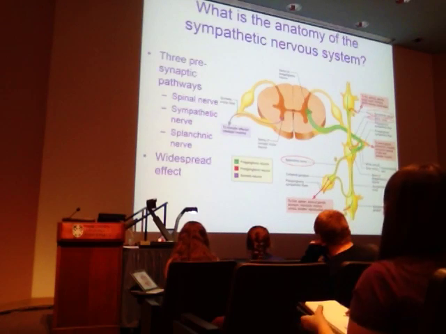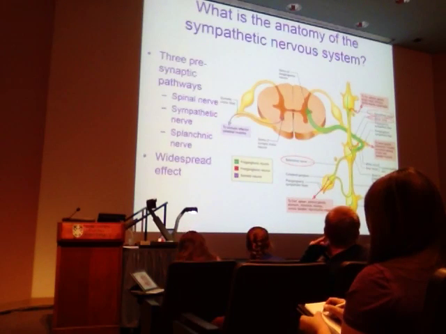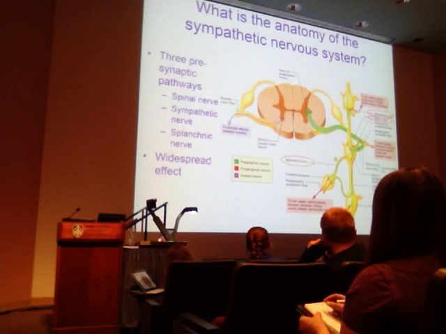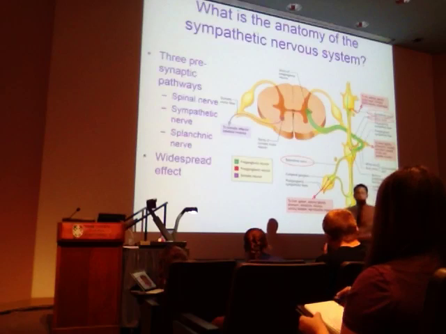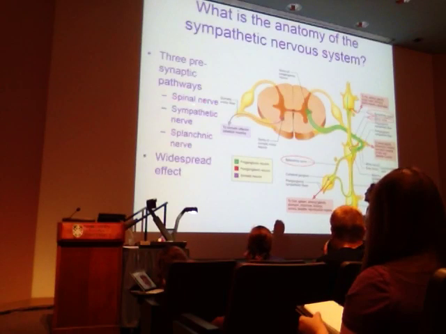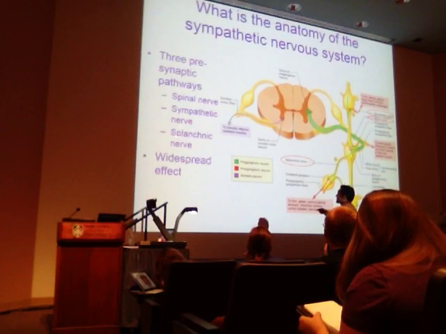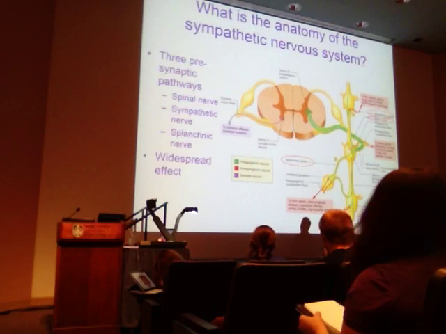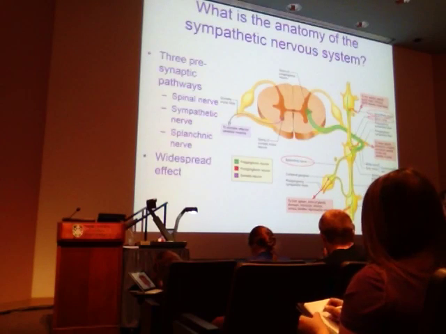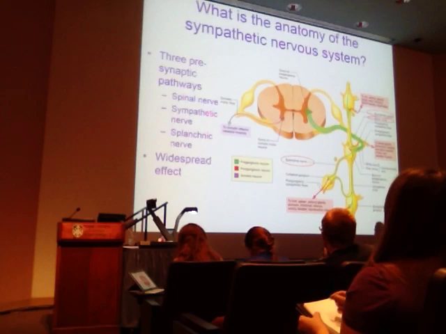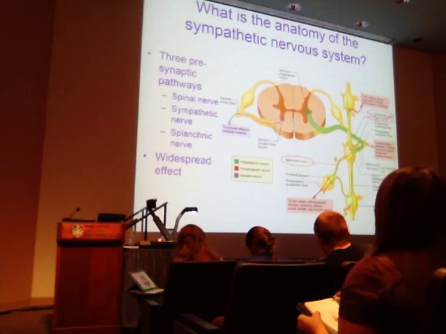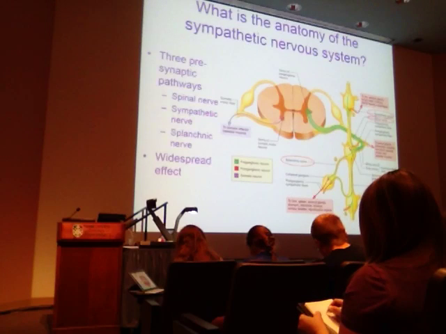And we've got these nice organized patterns that highlight three main tracks or pathways that I want you to focus on. And they're shown right here. Spinal nerve, the sympathetic nerve, and the splanchnic nerve. And the goal here is to actually send out from the sympathetic nervous system, via three main routes, distribution to the entire body, or widespread effect. So let's take a look at how this works.